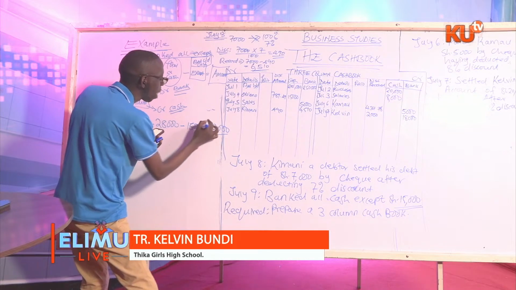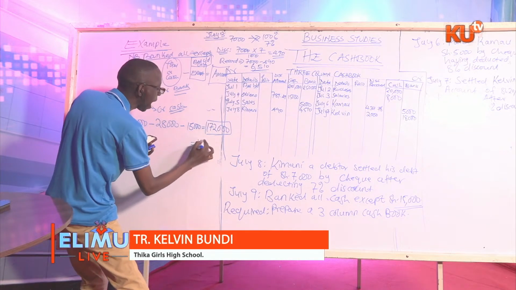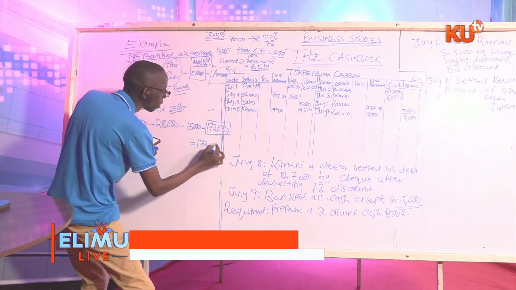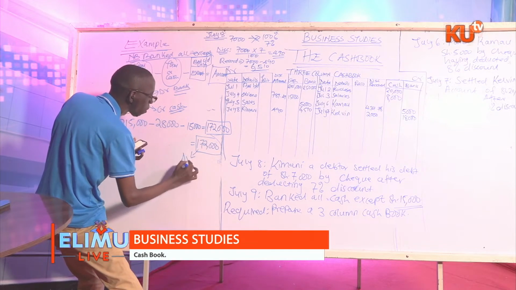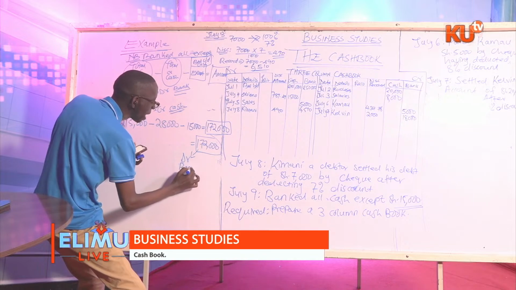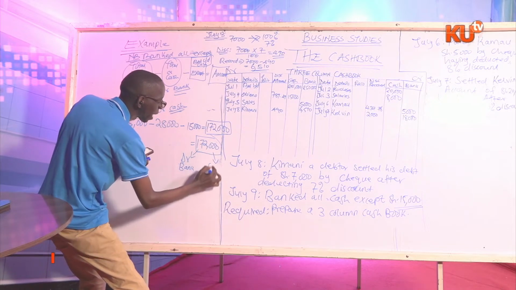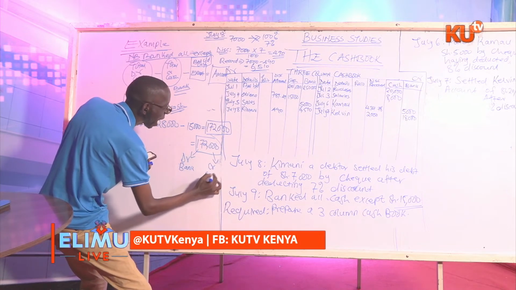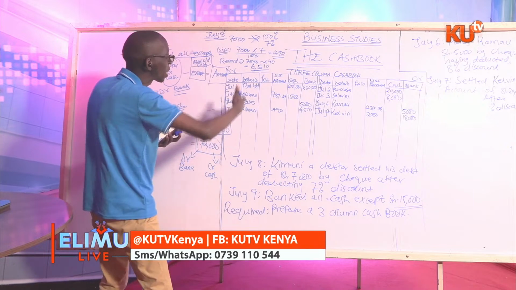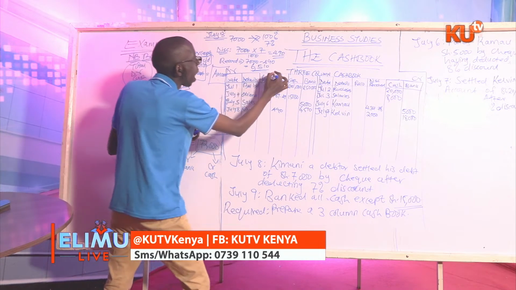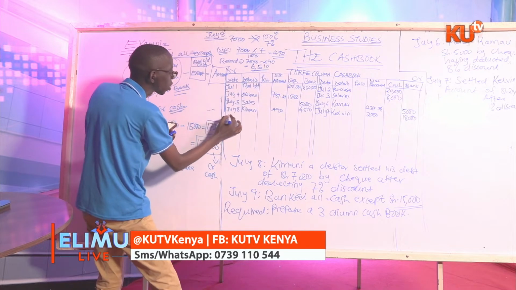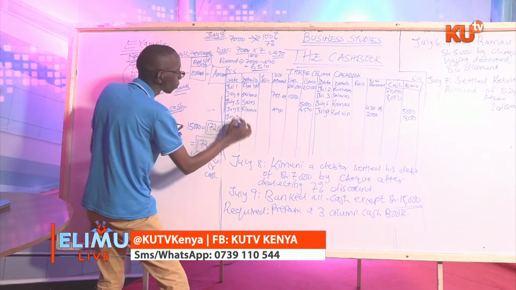This amount of 172,000, you should record it on the debit side of bank and the same amount on the credit side of cash. So you come to the debit side, where we have the date, we write July 9.